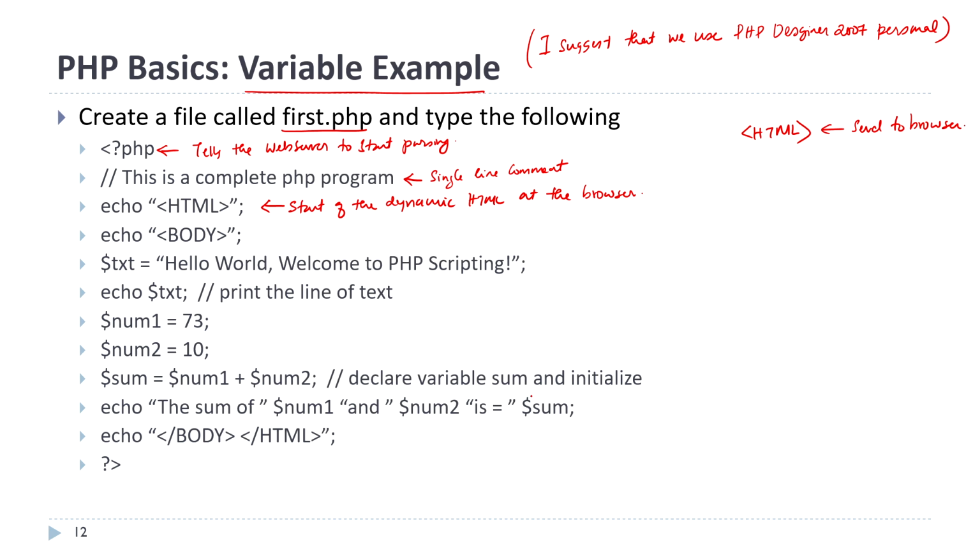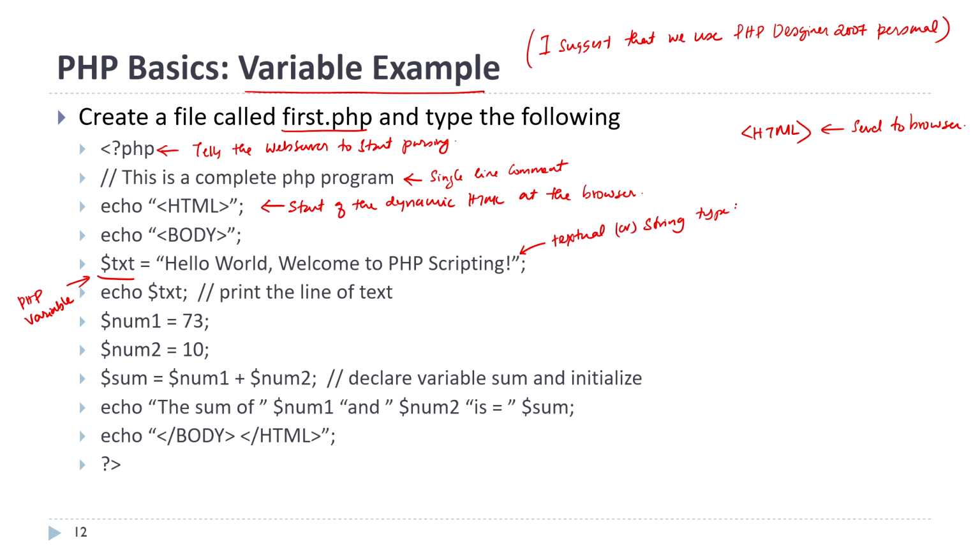And then you have a variable $txt. This is a PHP variable. And what you are saying is, in that the variable is within double inverted commas, it says hello world, welcome to PHP scripting. So, anything inside inverted commas says it is a textual or string type.